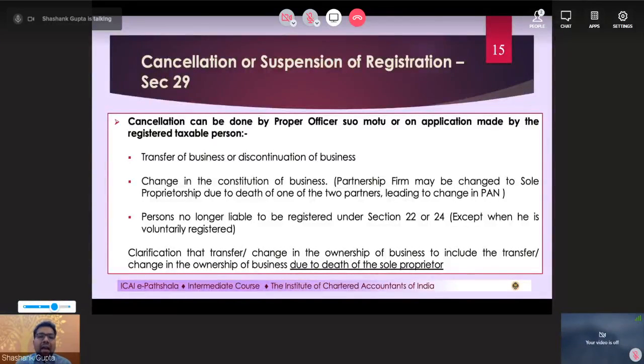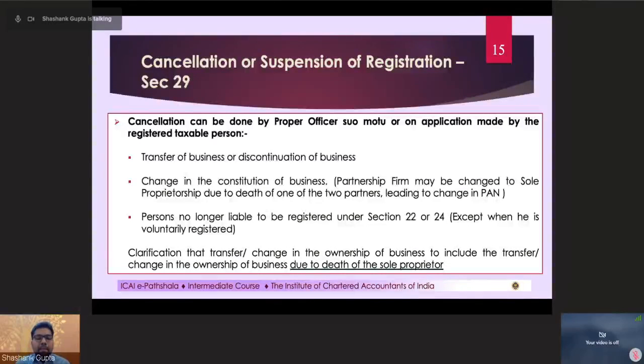Similarly, a clarification has been issued that if there is a taxpayer who is a sole proprietor and he passes away and his son is now taking over the business, or any other person in his family is taking over the business, then this will also be treated as a case of transfer of ownership of business.